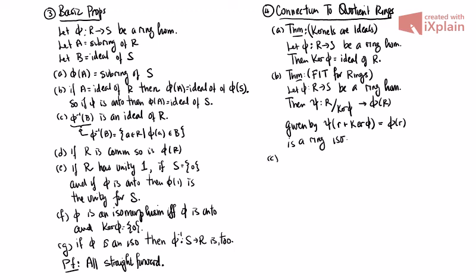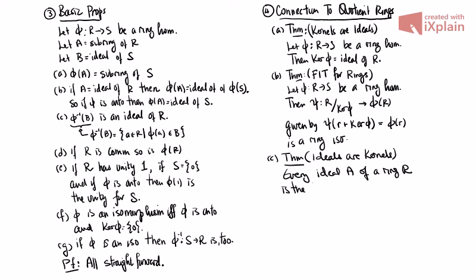And last but not least is that ideals are kernels. In other words, every ideal A of a ring R is the kernel of a ring homomorphism.